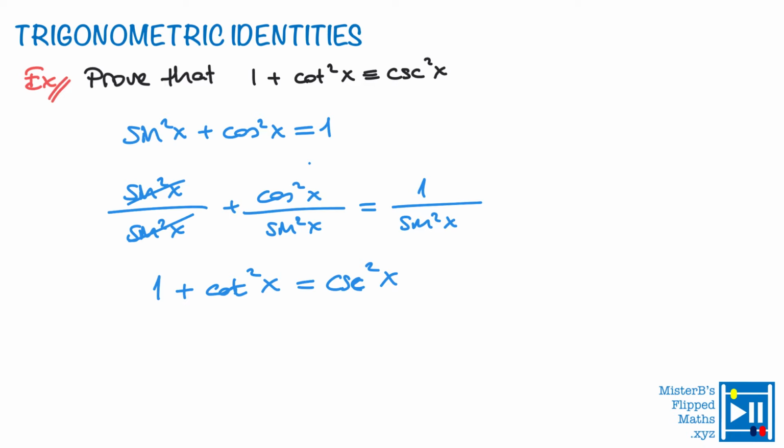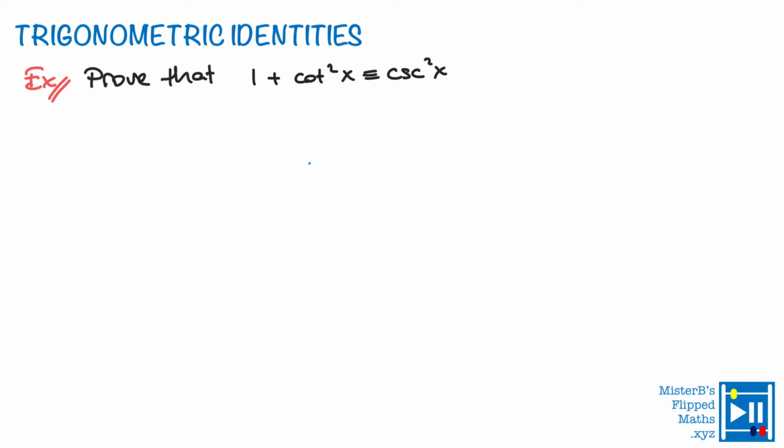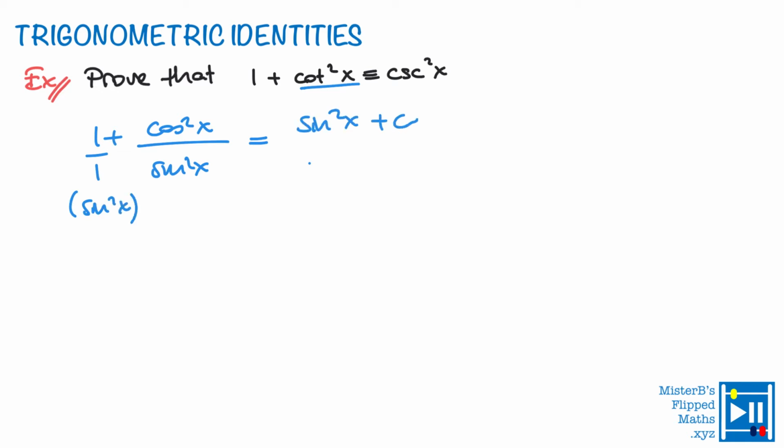We could also use direct proof. I'm going to show the steps only for this expression. So we can start with 1 plus cosine squared x over sine squared x instead of cotangent. And then we can say, okay, this is 1 over 1, so we have to equate denominators. So we will expand it by sine squared x. So it's going to be sine squared x plus cosine squared x at the top over sine squared x.